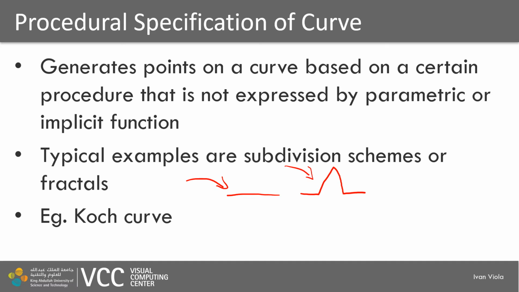So this is the situation in the zeroth initial state, and in the first iteration we will replace this line by these 4 line segments. And in the second step, we will be replacing each of these 4 line segments by other 4 line segments.